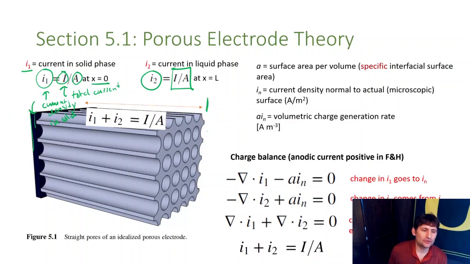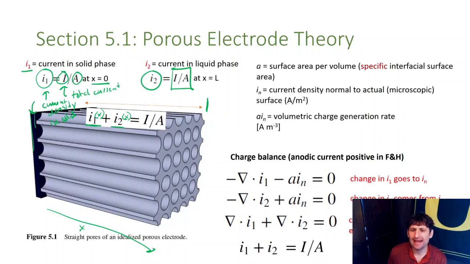And current through this whole device is continuous. So the sum of I1 and I2, no matter where you are in the cell, remember these are each a function of x, the sum of these currents has to be equal to I over A. Okay, so that's just some definitions of how we think about the current distributions in a porous electrode.